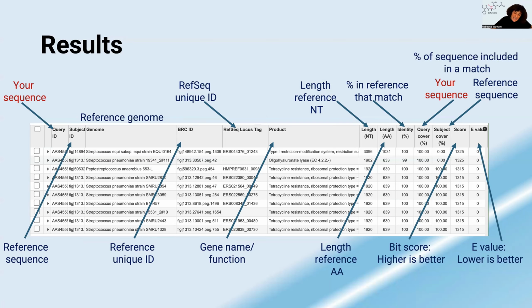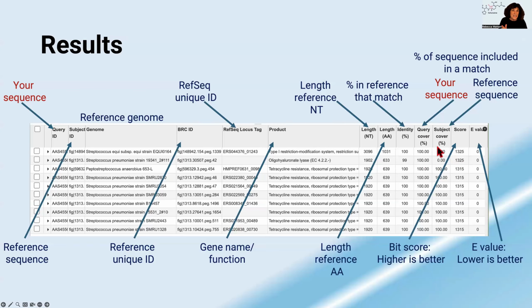Coverage is taking the whole sequence when I'm comparing either the data I inputted or the reference data, and that's the subject of it. Here it's my data and the query coverage. On my data, in the thing it aligned to, how much of that did it cover? How much of that did it match? What percent of that was matching? And you can have that in the reference too.